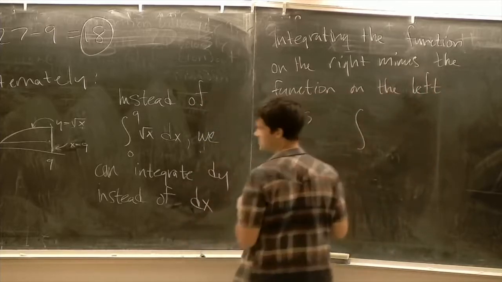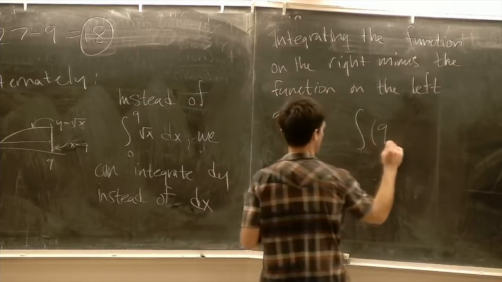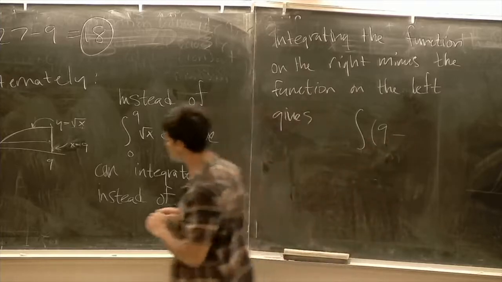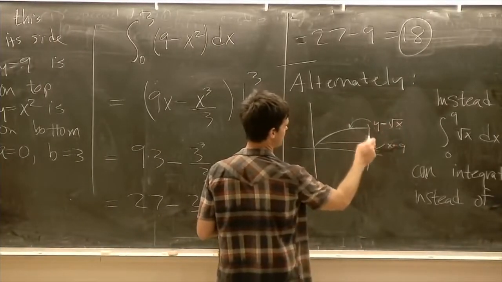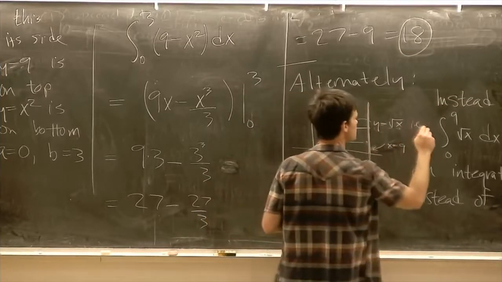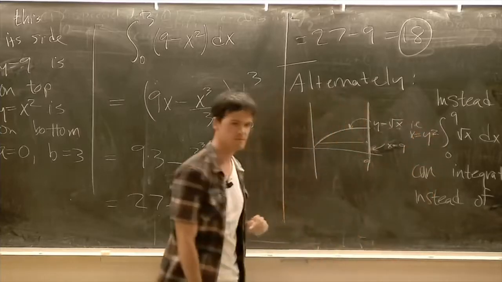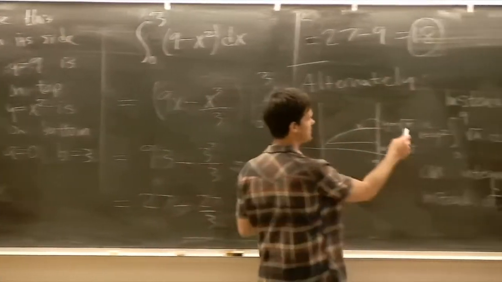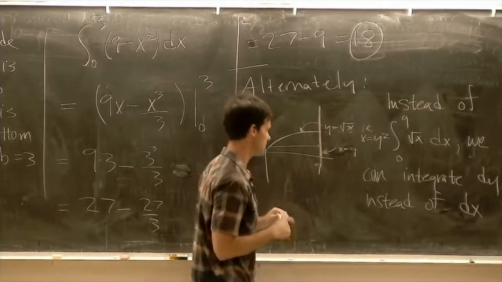So that gives us, the one on the right is just the constant 9. The one on the left, I need to solve this for what x is. On the right, x is 9. On the left, x is y squared. That's the key step here, is to take y as a function of x and invert it to get x as a function of y.